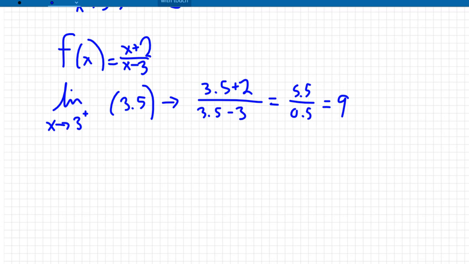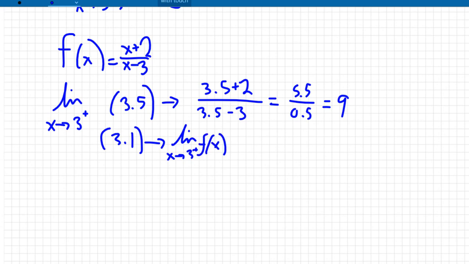Okay, that doesn't seem like it would be the limit, so we'll go ahead and do it again with a value a little bit closer to 3, but still greater than 3. So we'll go 3.1. If we evaluate the function of x at 3.1, so we'll find the limit as x approaches 3 from the positive side.